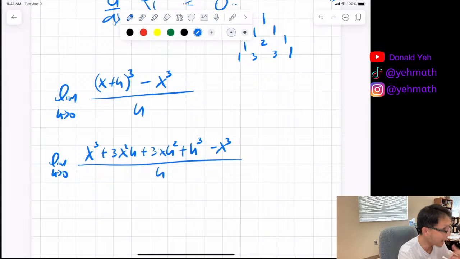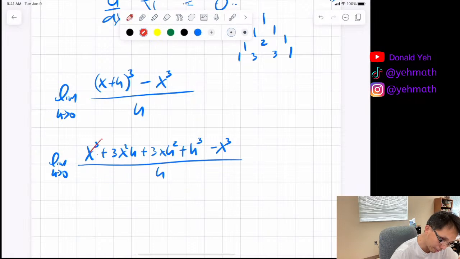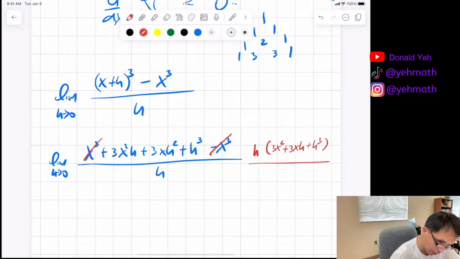This is x to the 3. Same thing with x to the 4. You're going to see the same thing repeat, because that first term will always cancel out with this term, and the h can always factor out. So that's going to be 3x squared plus 3xh plus h squared, over h.